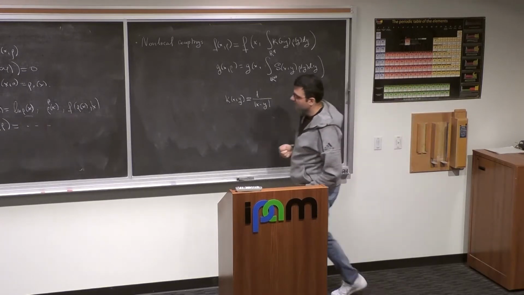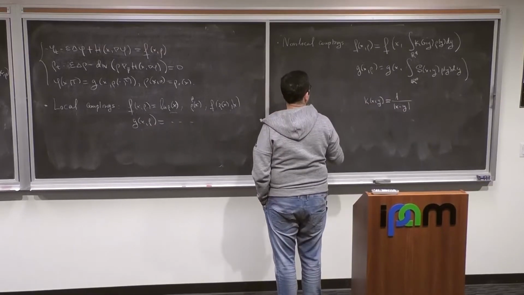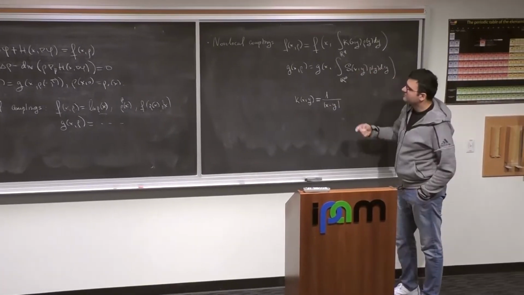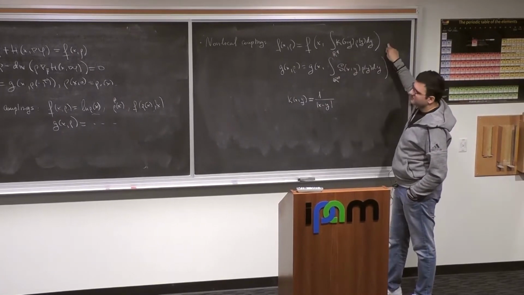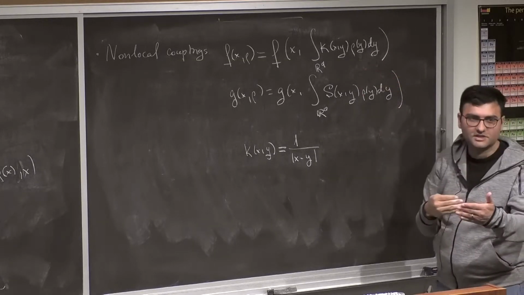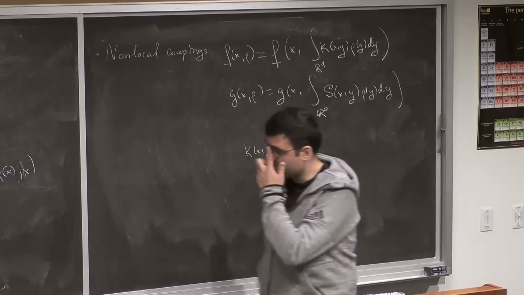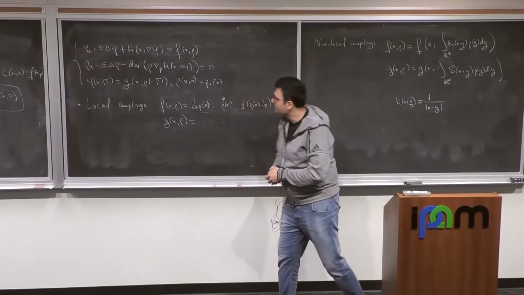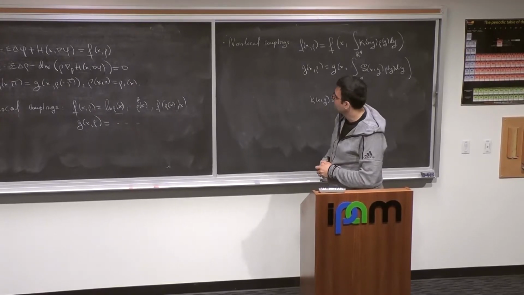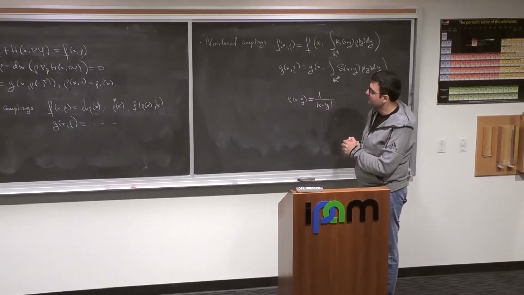So these are called non-local couplings. Of course, to any non-local coupling I can add some local coupling, but at the end of the day it's going to be non-local because I will need to collect all the information from the population. And yeah, so these are the two cases.